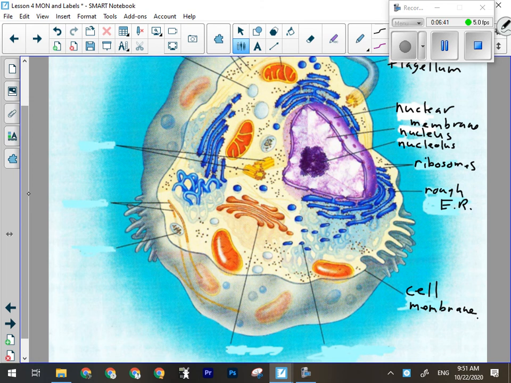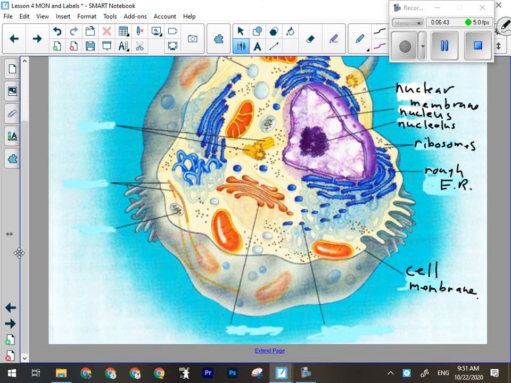Next to that, we have the smooth ER. The smooth ER has a lot of jobs. Probably, other than the nucleus, it's the most important organelle in the cell. It's going to break down complex carbohydrates, so starches, into simpler sugars.